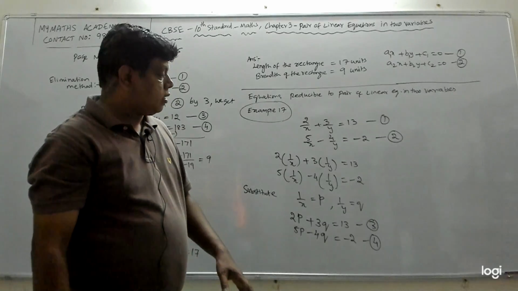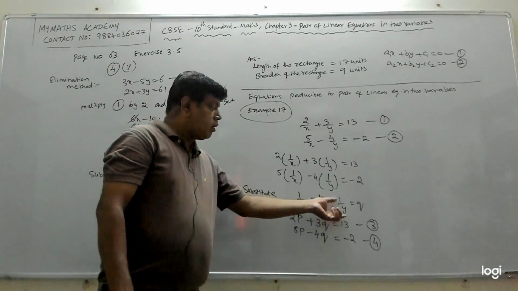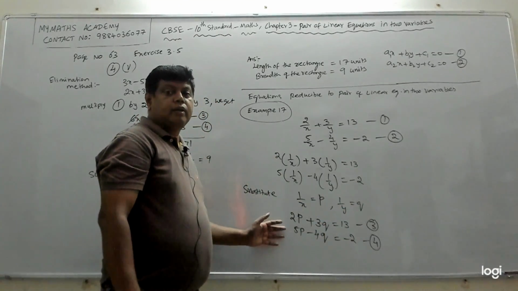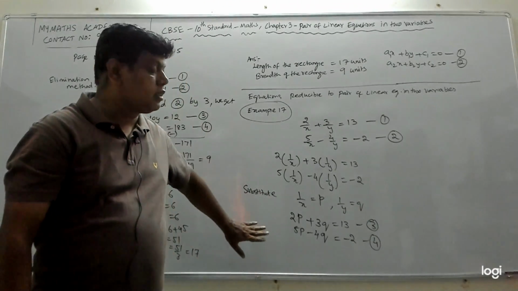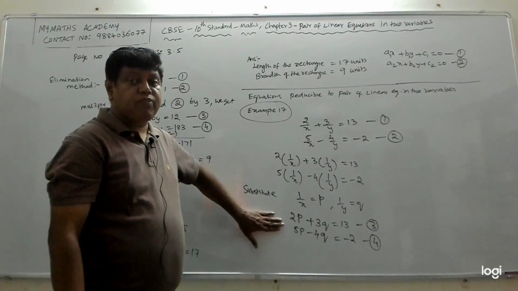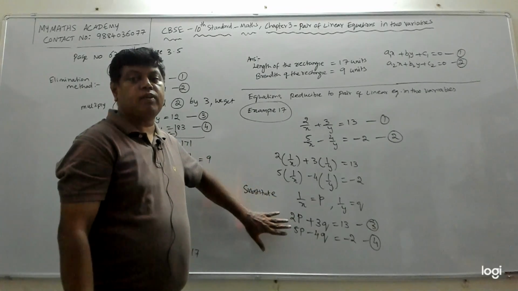So we are substituting 1 by x as p, 1 by y as q to convert the given set of equations into linear equations in two variables. Here the variables are p and q. So we will find p and q. After finding p and q, we will substitute back to find x and y. So first we will find p and q.